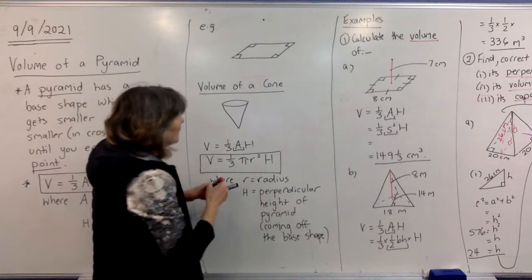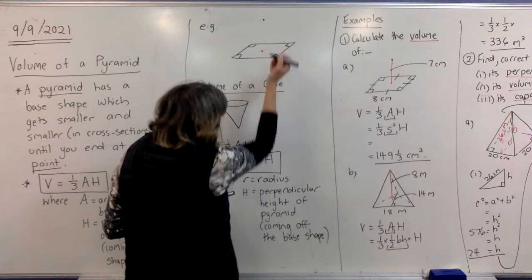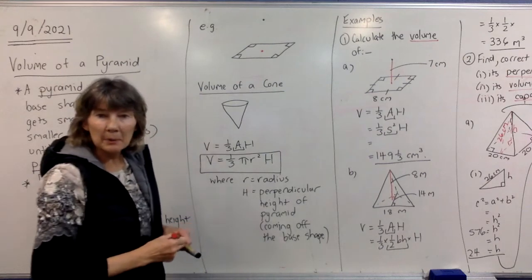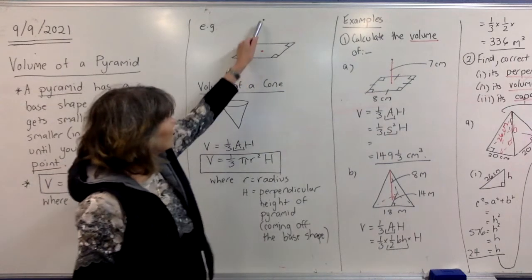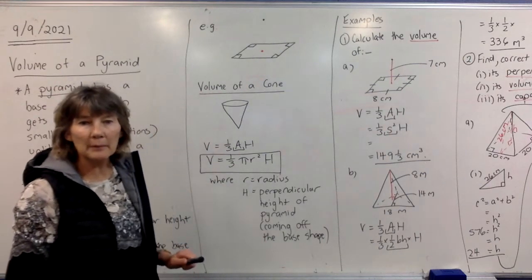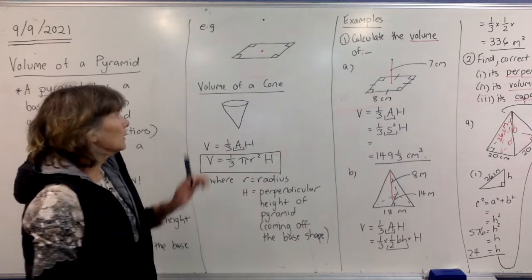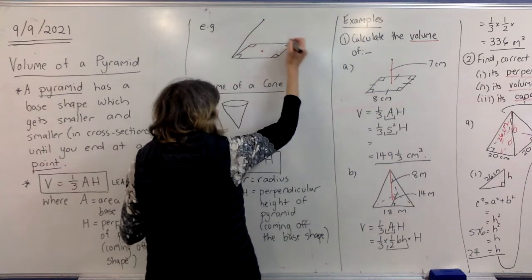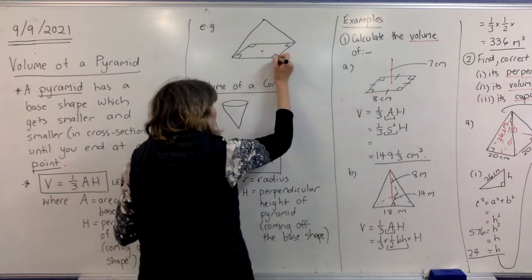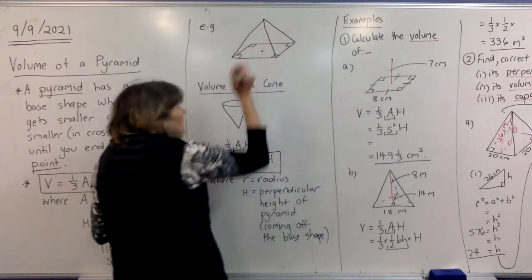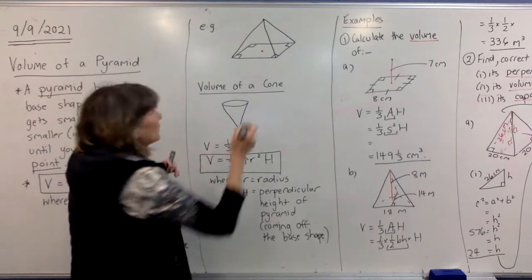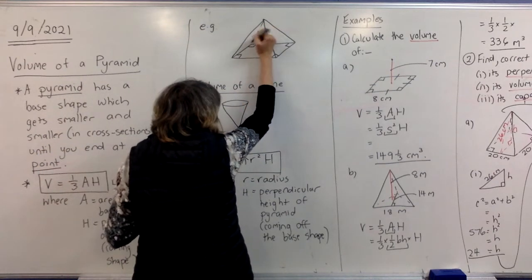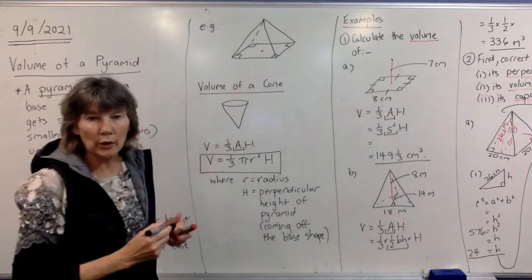Now, if you look at the middle point of that shape, mark it. If you go directly above it and mark a dot up there, it's easiest to do it that way, because then once you've got that point, you just join that to these points here. And that one at the back there, we really can't see, so we put a dotted line in there. All right, and that's how you draw it.